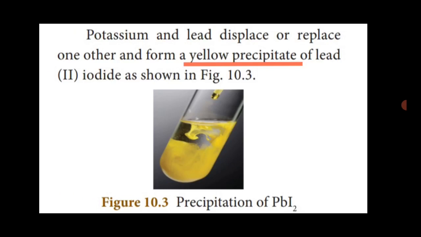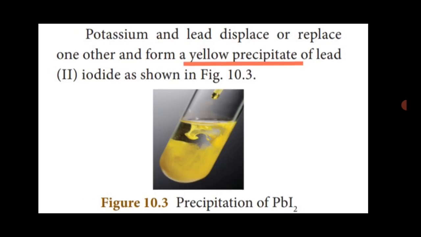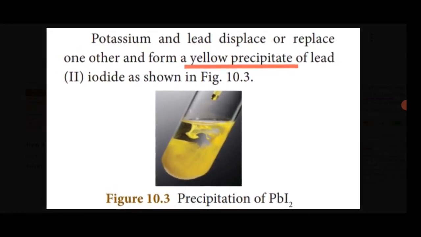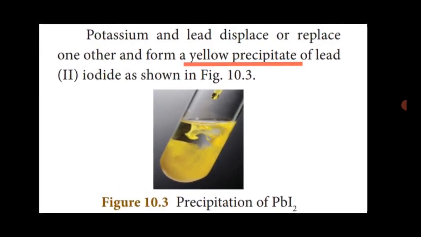The bottom contains the insoluble compound, that is the precipitate substance. The yellow precipitate is the lead iodide. So potassium and lead are replaced, and you get a double displacement reaction. This reaction has one product that is a precipitate, so it is otherwise called a precipitation reaction.